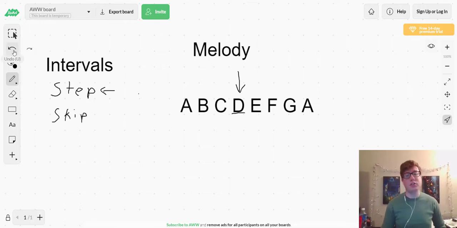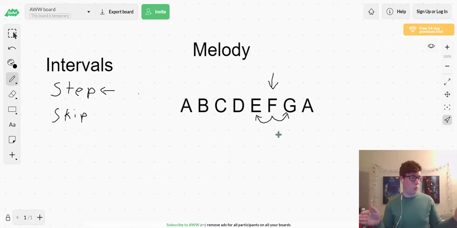But we don't necessarily have to start on the note D. We can start anywhere. So let's say we start on the note F. Well, you can either go up to the note G, or you can go down to the note E. Pretty basic so far, right? It's just whatever's the next note, or the note right before it.